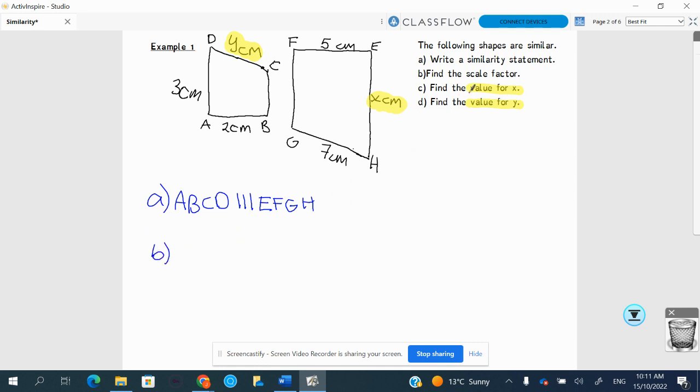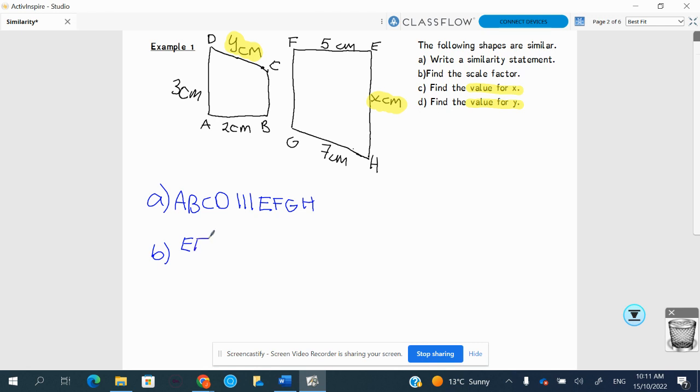B, find the scale factor. So we need to find some sides that we have information for in both figures. So I'm going to use these 2 sides here. So EF is the corresponding side to AB. So it'll be written like this.